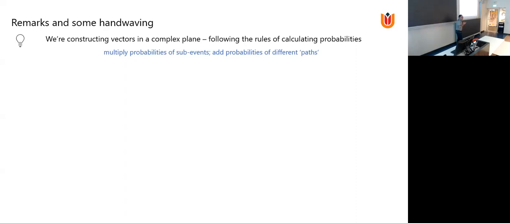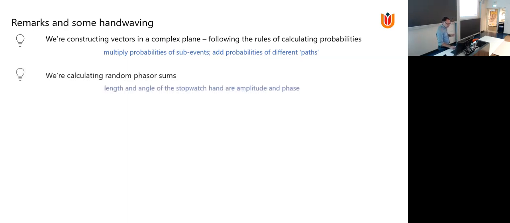These rules are the same rules that would apply if you would calculate just ordinary probabilities, meaning that if you have an event that can be cut into different sub-events, you're allowed to multiply the probabilities. If it can happen in multiple ways, you're allowed to add probabilities. And these concepts are essentially the same.